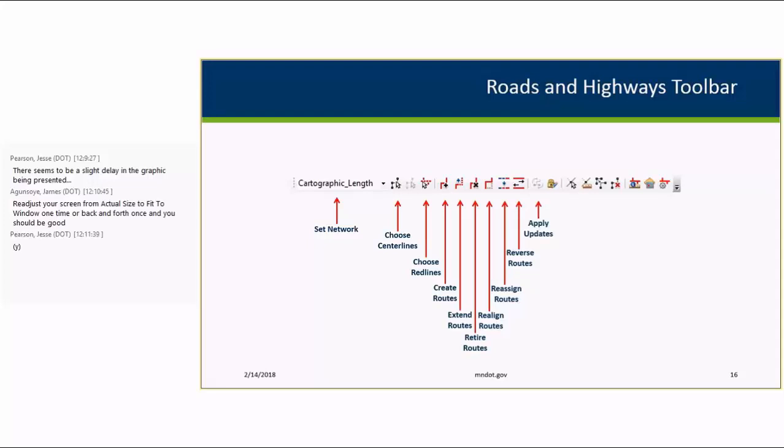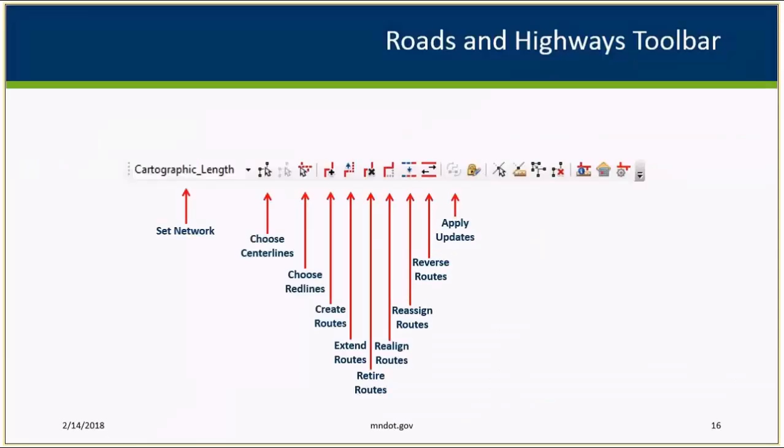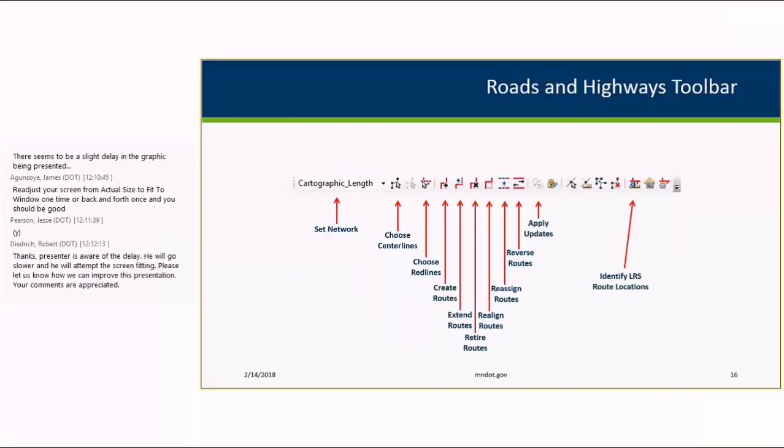This is important after we make an edit, so that the event measures reflect the new line work. We also have a tool to identify different measurements along the route, as well as set a date filter if we need to go back in time and check how the route was previously configured.